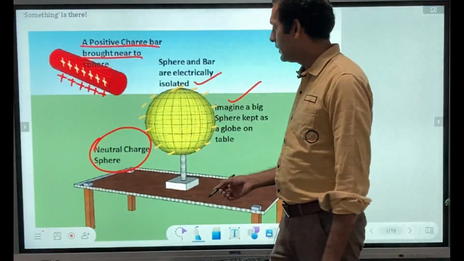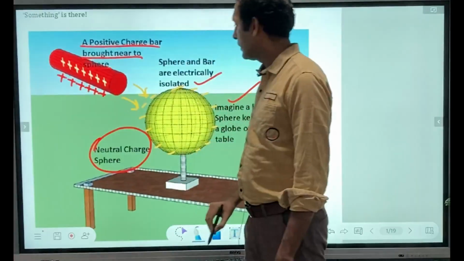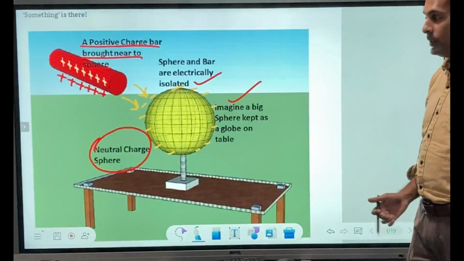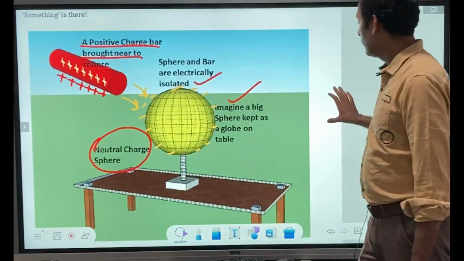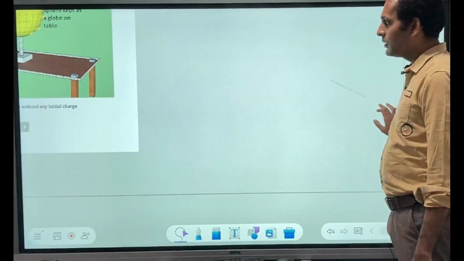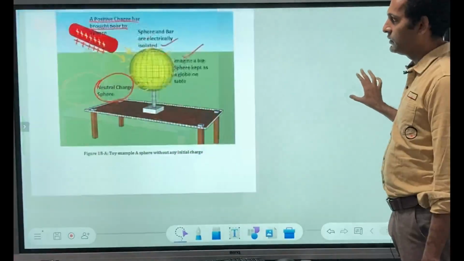How did these charges cross free air or free space or a dielectric and convert into equal and opposite charge? That is the essence of our subject. Now this is something we have to discuss in this chapter.